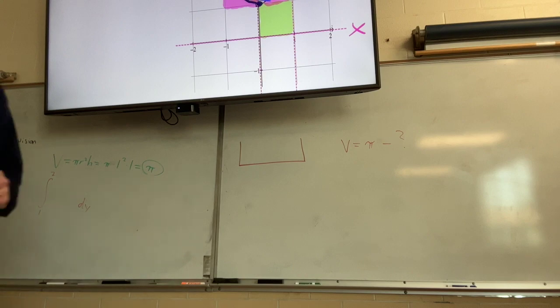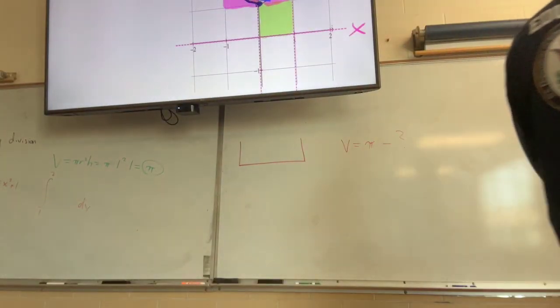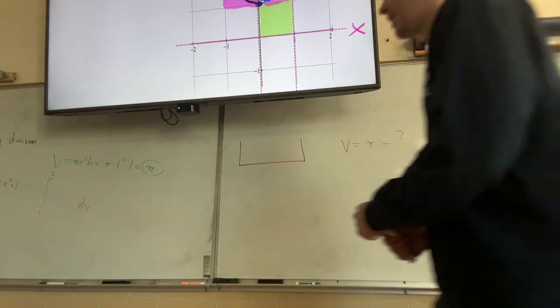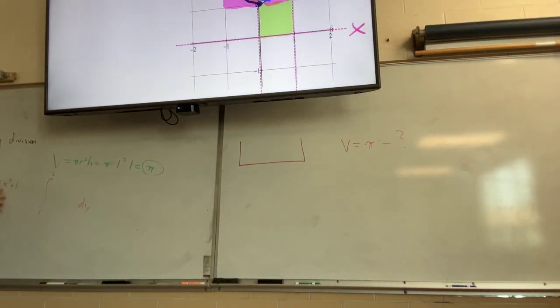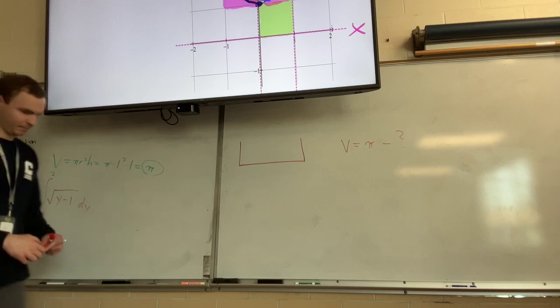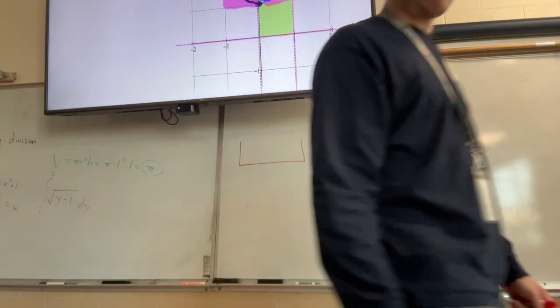How do I make that a function of y? I'm going to do y minus 1, square root of that equals x. Right? So it's going to be square root of y minus 1.